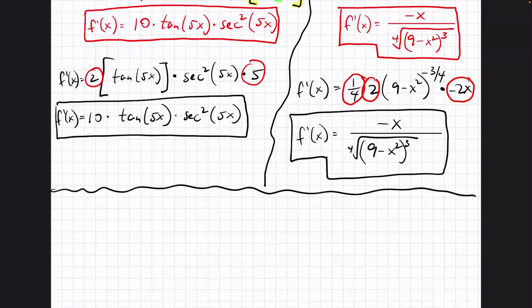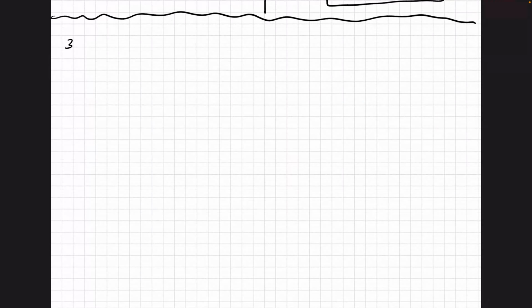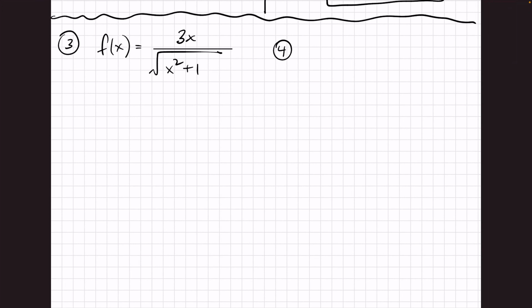So we'll call this extra practice 3 and 4. Finding the derivative, here's the first one: 3x over the square root of x plus 1. And then number 4 is y equals secant.